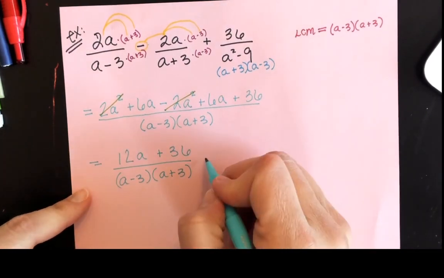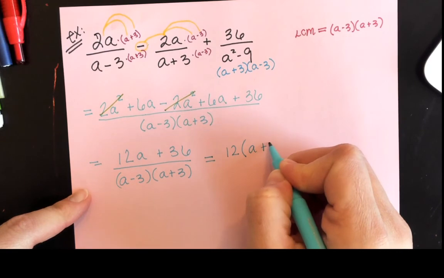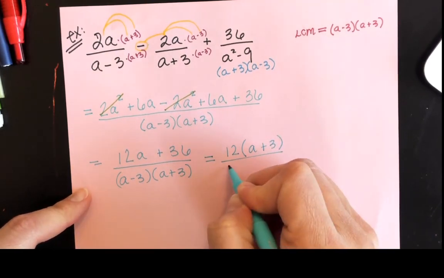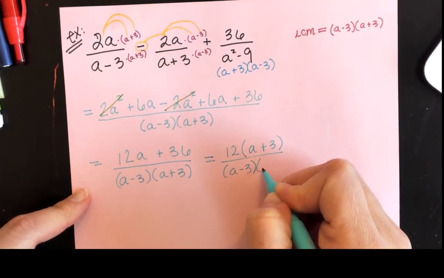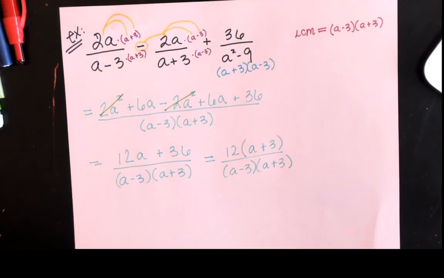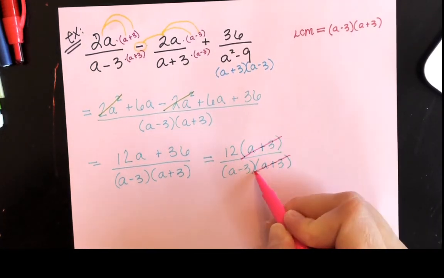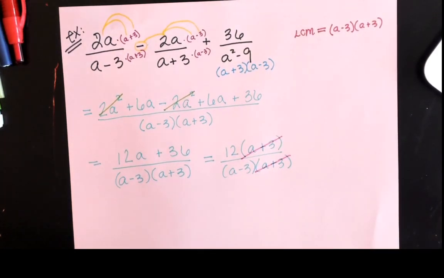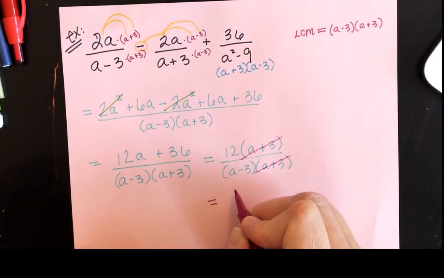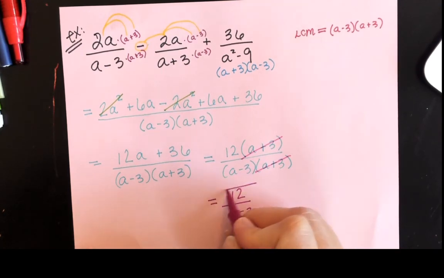I am going to factor out a 12, and that does leave me with a plus 3. Which then allows me to cancel the a plus 3s. So our final answer is 12 over a minus 3.